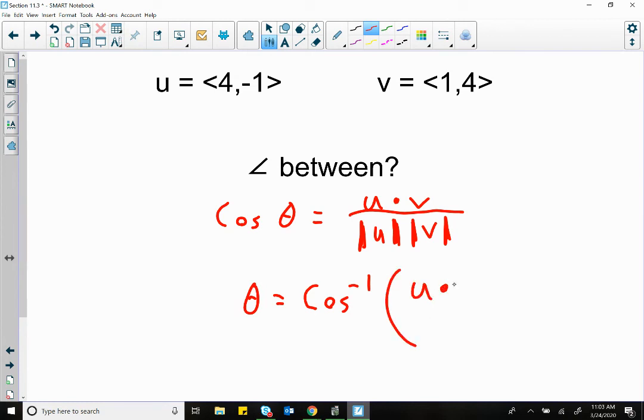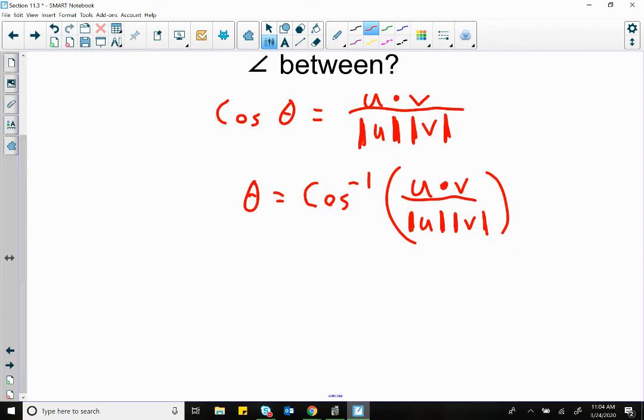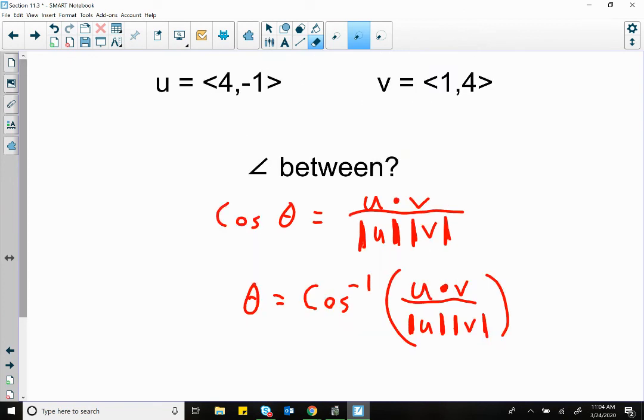So we need to get some information before we can find this angle. We need to get 3 pieces of information to be exact. We need to find the dot product between the two. Then we need to find the 2 magnitudes. Okay? So dot product, we already know how to find that. We're going to multiply the quote-unquote x's together with the quote-unquote y's.